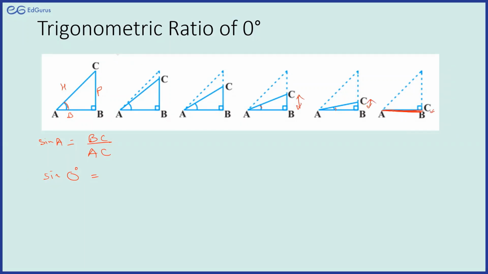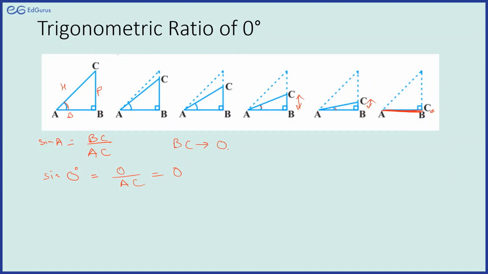It has almost approached 0. So what does that mean? When BC is approximately 0, this becomes 0 upon AC. So sin 0 is 0.